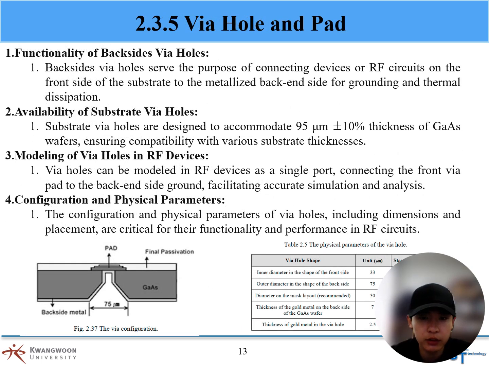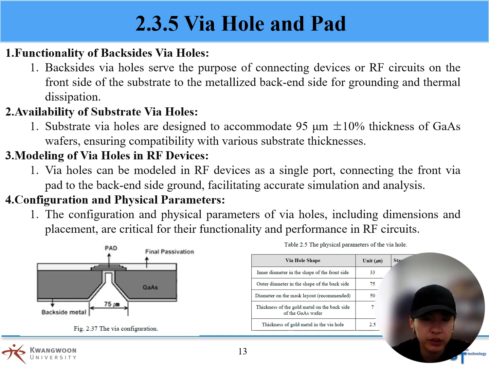This part is the via hole and pad. Backside via holes serve the purpose of connecting devices or RF circuits on the front side of the substrate to the metallized back-end side for grounding and thermal dissipation.